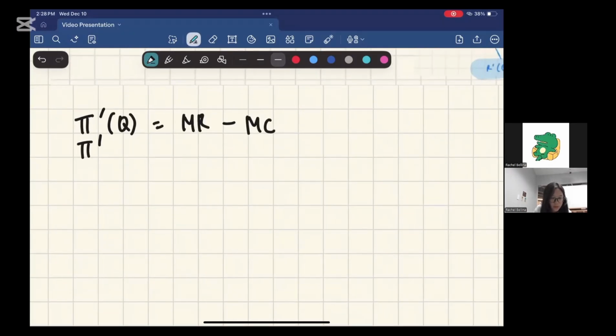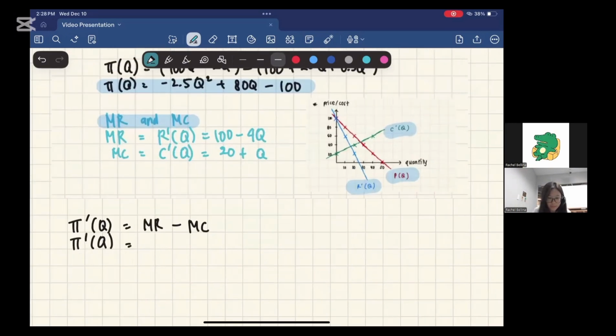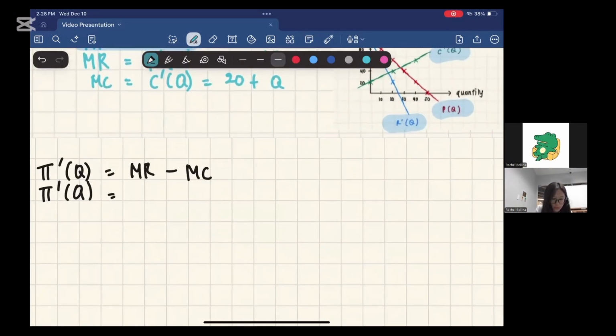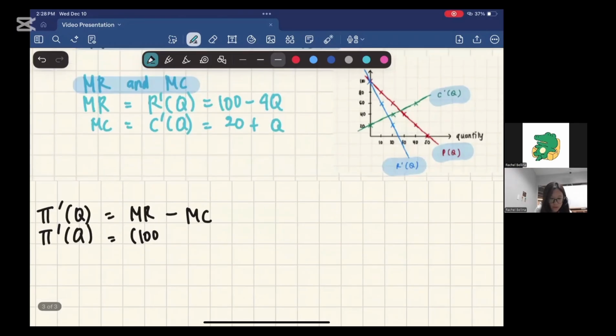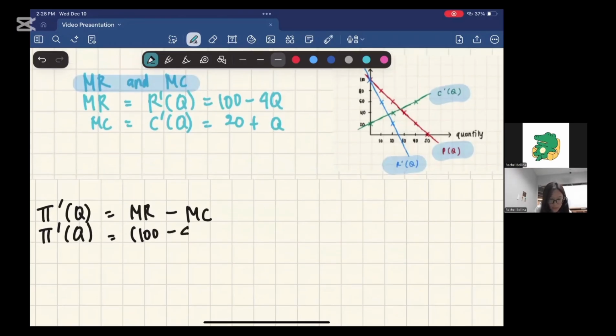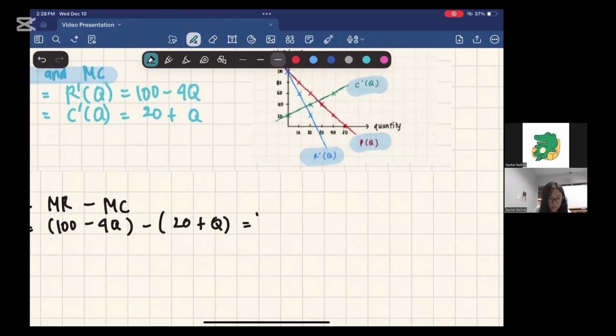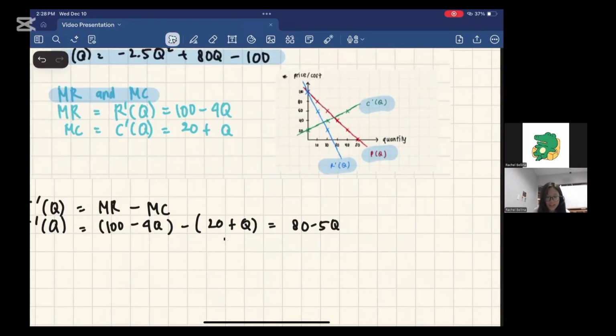So here we get 100 minus 4Q minus (20 plus Q), and that equals 80 minus 5Q.